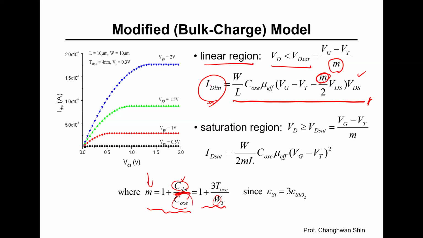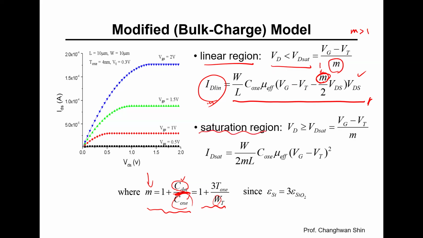Otherwise, the equation itself is quite similar to the equation that we have seen in the square law model. Plug in the value of 1 for the m factor, and you may see that this equation is equal to the equation in the square law model. But in this modified model, or bulk charge model, m is usually greater than 1.